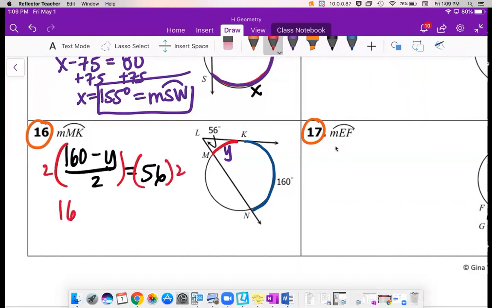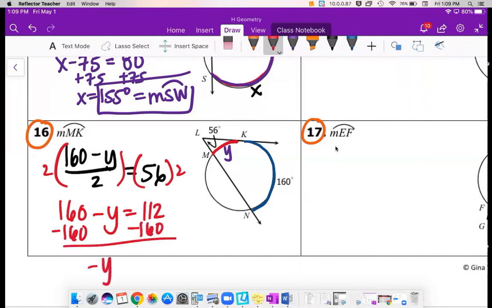So you'll get 160 minus Y is equal to 112. Subtract 160 from both sides. So then you get negative Y is equal to negative 48. Multiply both sides by negative 1 or divide by negative 1, whatever. We'll get Y is 48. So that means your measure of arc MK is 48 degrees.